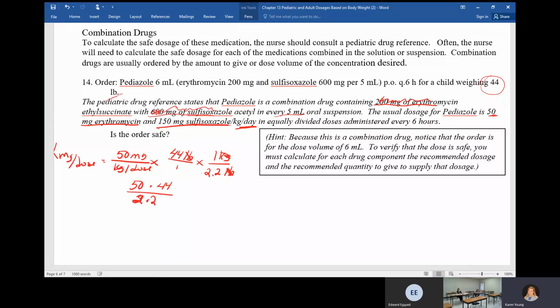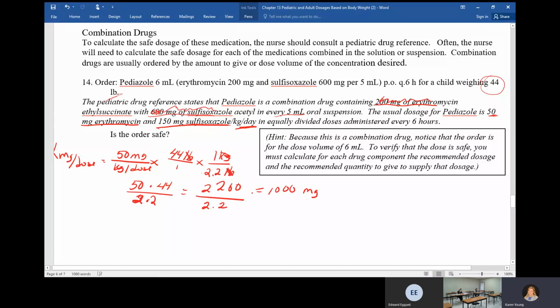Right, so 50 times 44 is 2,200 divided by the 2.2. And that gives me the 1,000.